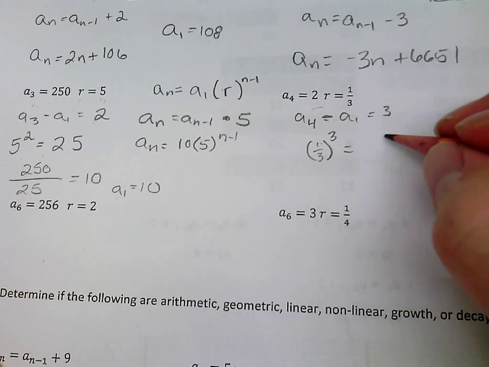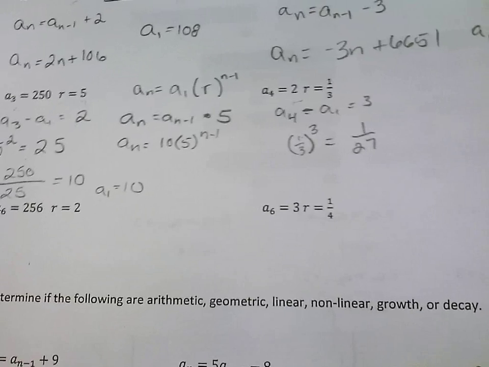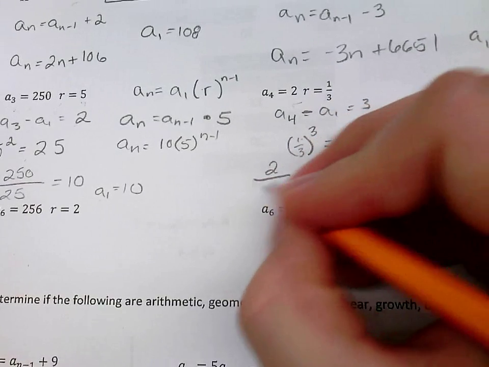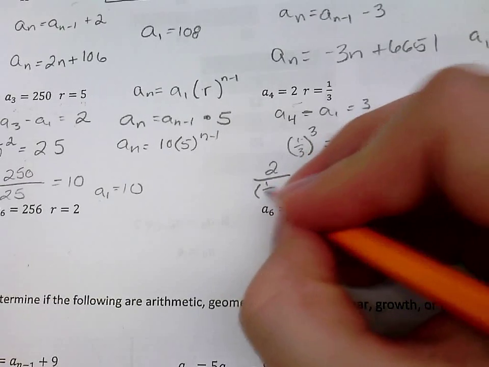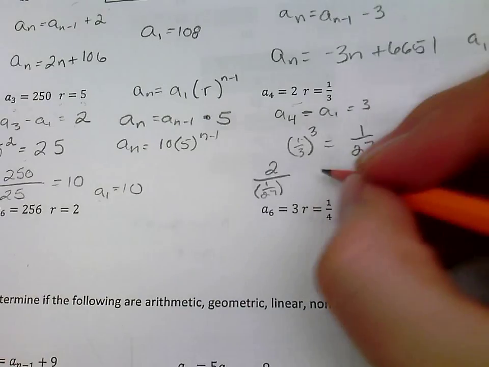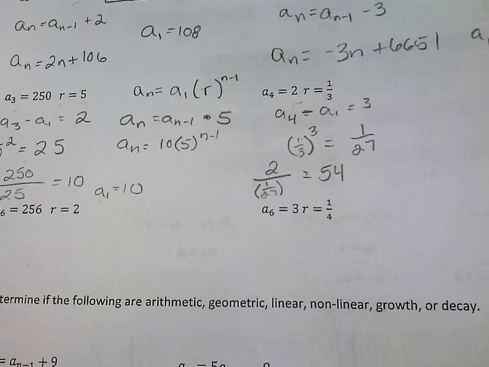This is going to give me 1/27. Now, the next step is a little bit tricky. You're going to take that 2, you're going to divide it by parentheses 1/27. That's how you put that in your calculator. This will give you 54 as your A1.